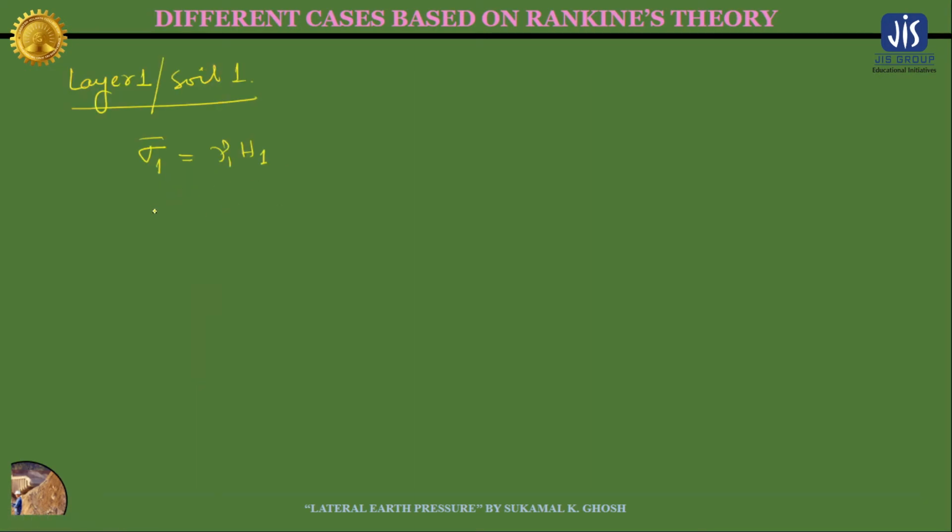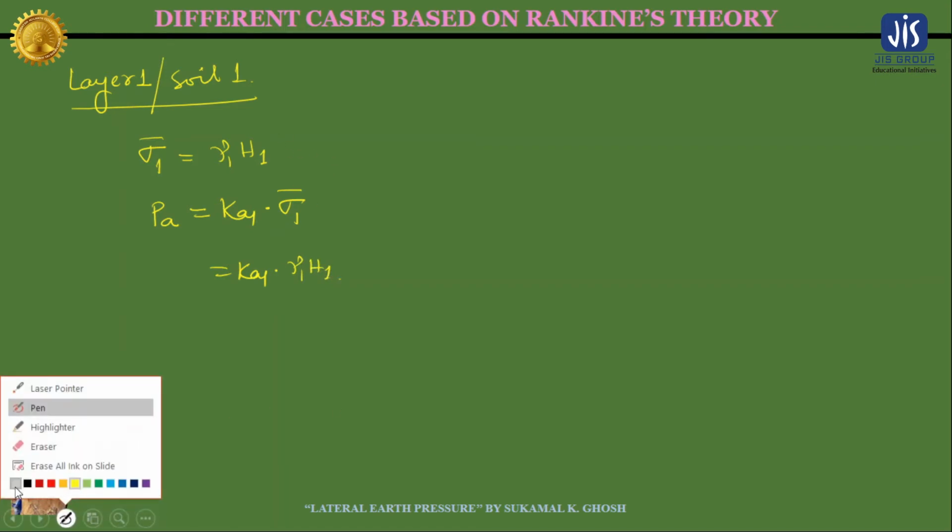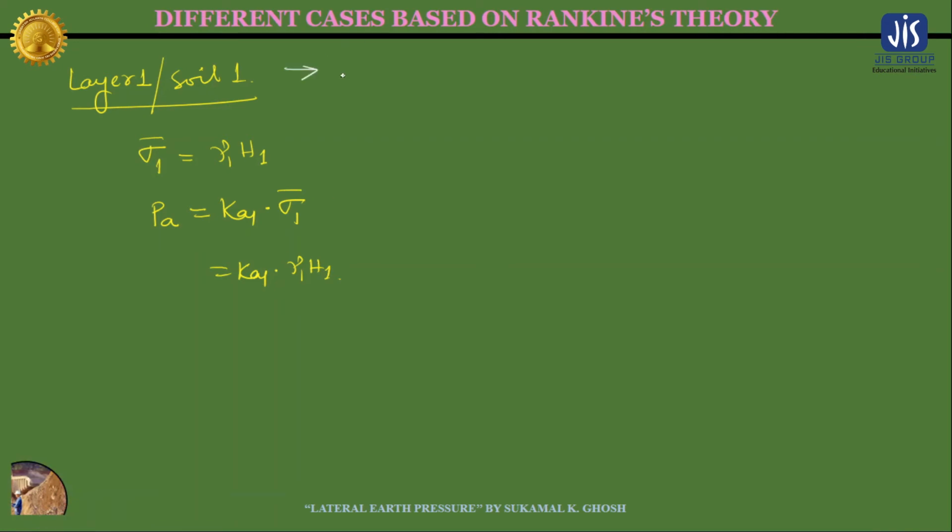So the active earth pressure will be Ka1 into sigma bar 1, which equals Ka1 into gamma 1 into H1. Okay, now the layer 1 or the soil 1 will act as a surcharge on the soil 2 or the layer 2.